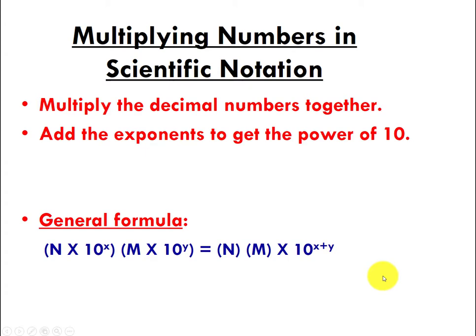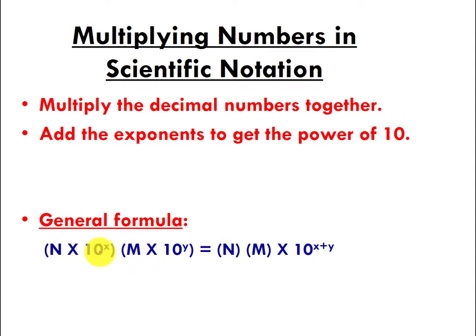Alright, multiplying numbers in scientific notation. So here are the procedures. First, multiply the decimal numbers together and then add the exponents to get the power of 10. So the formula will be, if I have a scientific notation times a scientific notation, multiply your n and the m.